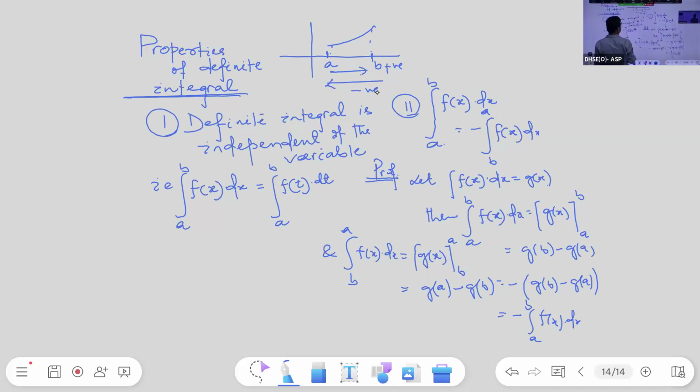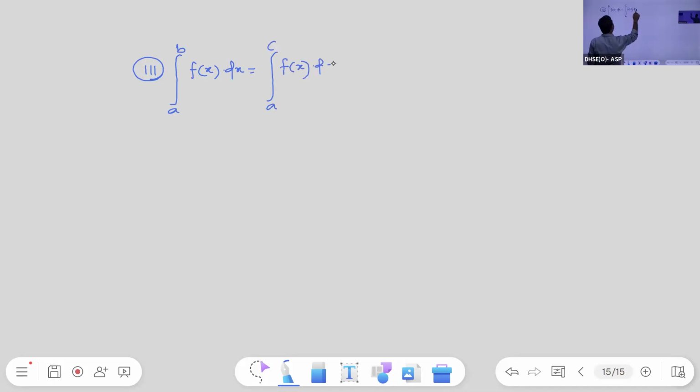Then come to the third property. The integral from A to B of f of x dx equals the integral from A to C of f of x dx plus the integral from C to B of f of x dx.